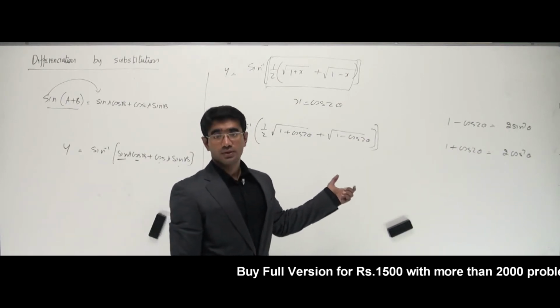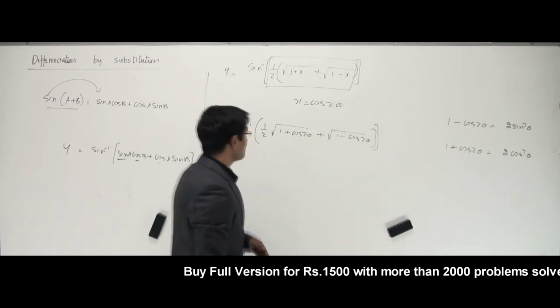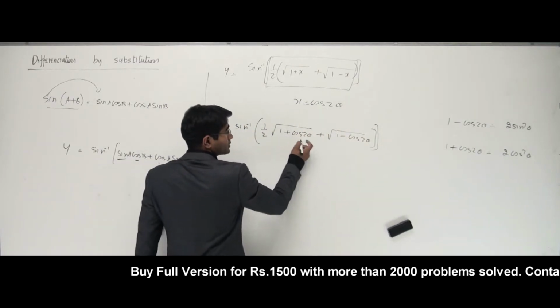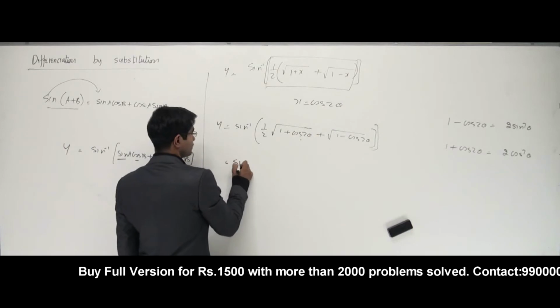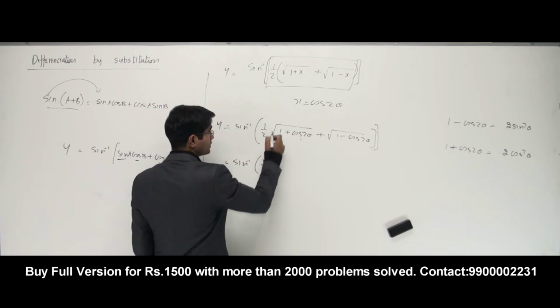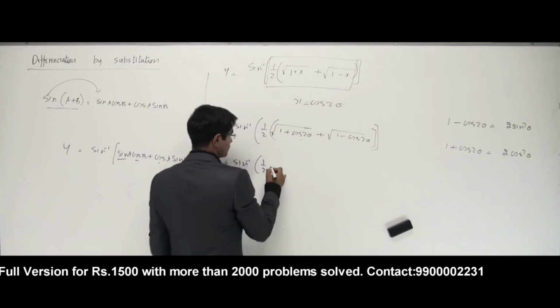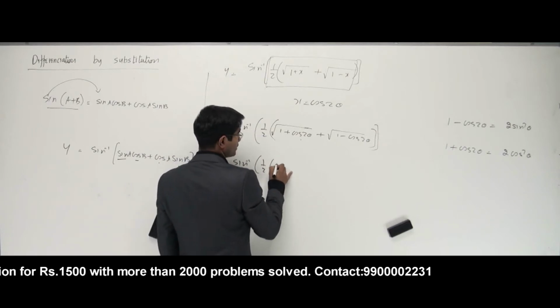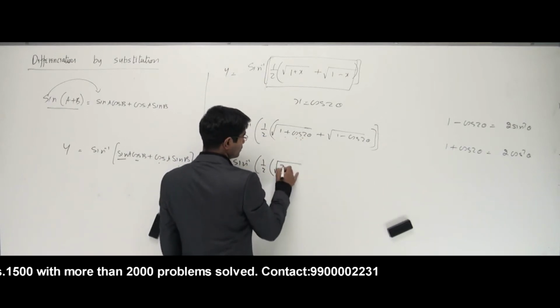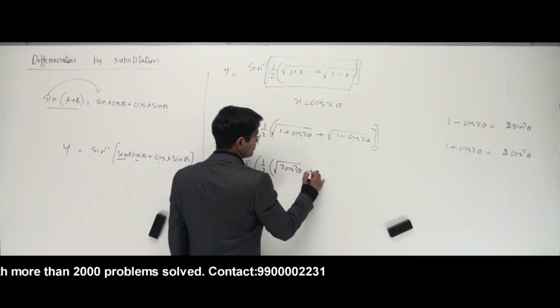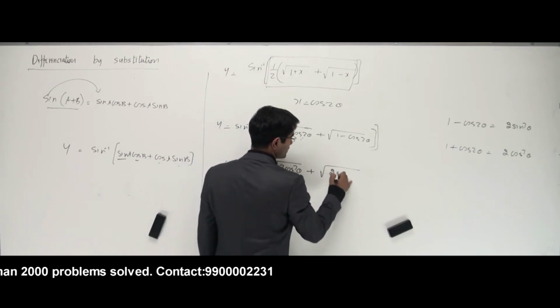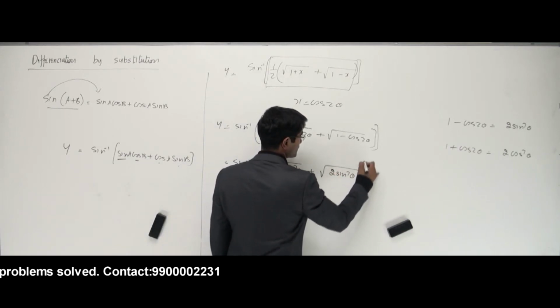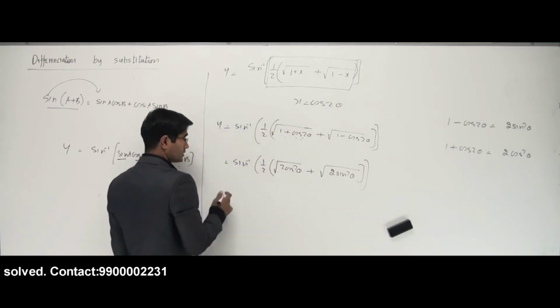Pretty important formulas. All right, now based on this, this can be written as what? Sine inverse of half, and half is for both of them, so root of, I can write 1 plus cos 2 theta as 2 cos squared theta plus this is written as 2 sine squared theta. Yes, this half has to be multiplied with these later inside.